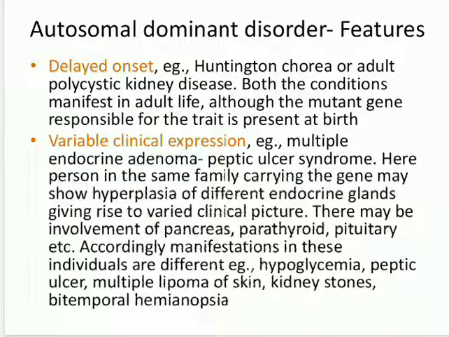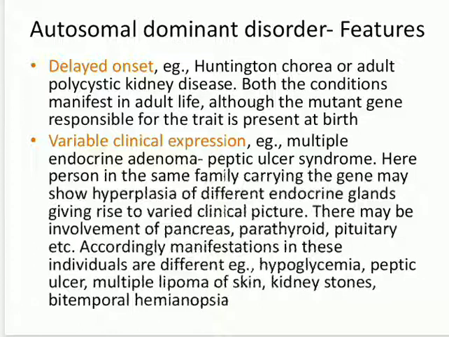The mutant gene is present at birth, but the person will be coming to you with clinical manifestation in adult life. Then variable clinical expression. What is variable clinical expression? There is a single disorder, but the same family members are having different manifestations. So there is a disorder called multiple endocrine adenoma peptic ulcer syndrome.